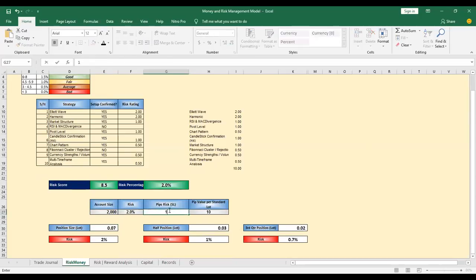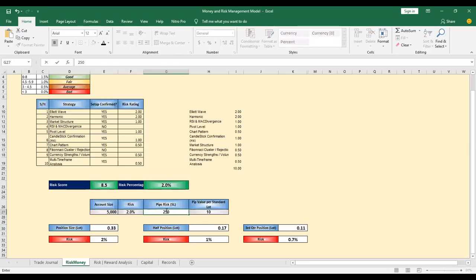So if your stop loss is $150, for instance, you can see that the Excel is telling you to use 0.03 lot size. If your stop loss is just 30 pips, then that is when it's saying you can use 0.13. Your account size and your stop loss per trade determine the lot size.